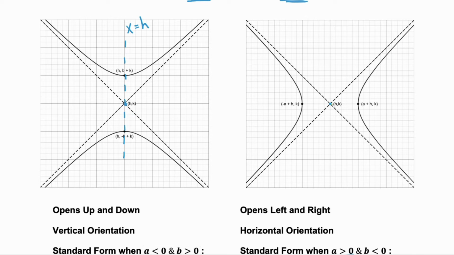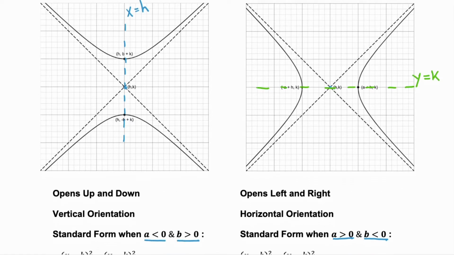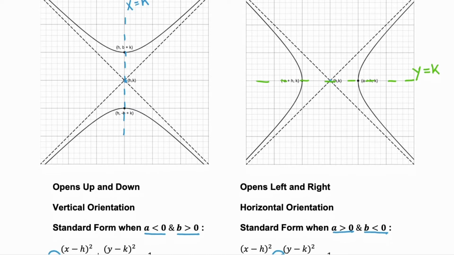Now, if you look at your horizontal orientation, those vertices all fall on this horizontal line. That horizontal line is y equals k, which is why the vertices for your horizontal orientation have a y coordinate that is identical to the y coordinate of the center point.